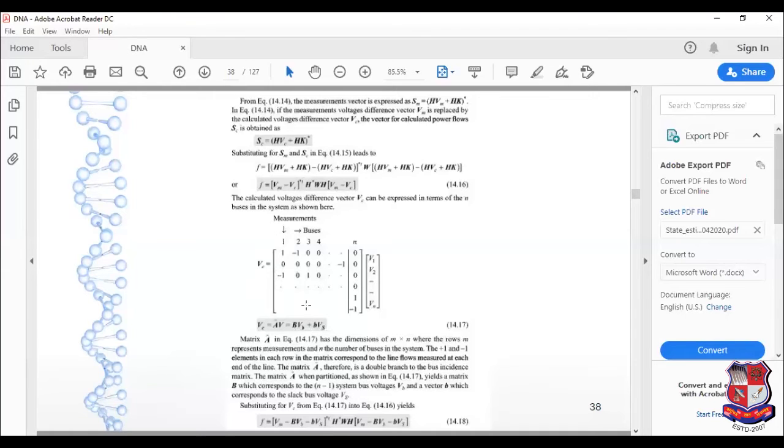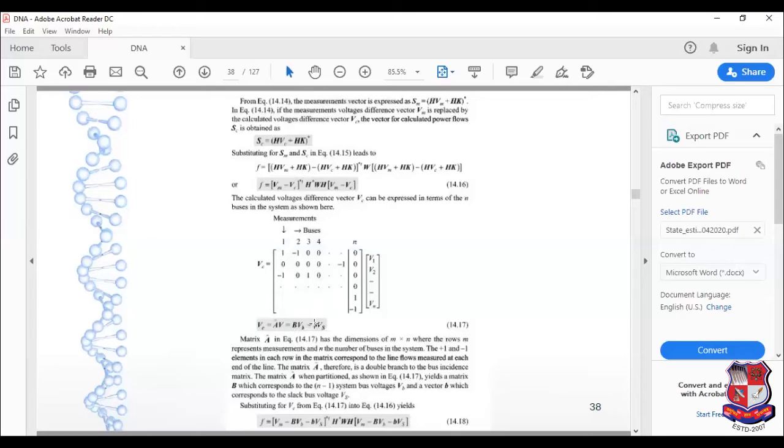So what is small b? Small b is nothing but the first column of your incidence matrix, and the rest of the components are capital B. Okay, Vs is nothing but the voltage of the slack bus, while Vb you have to derive in the following manner, that is A into V bus. So over here Vc is equal to the incidence matrix into V bus, but it will be separated into two components.